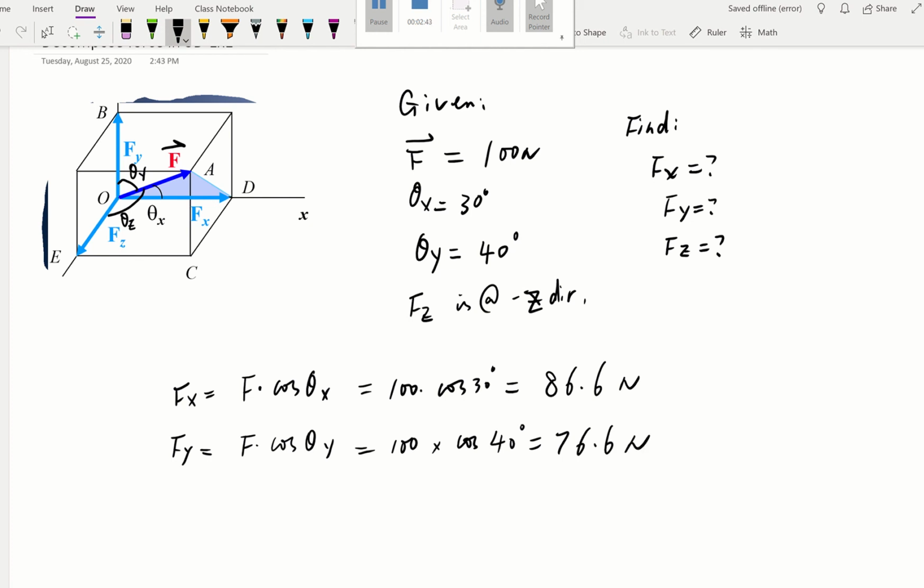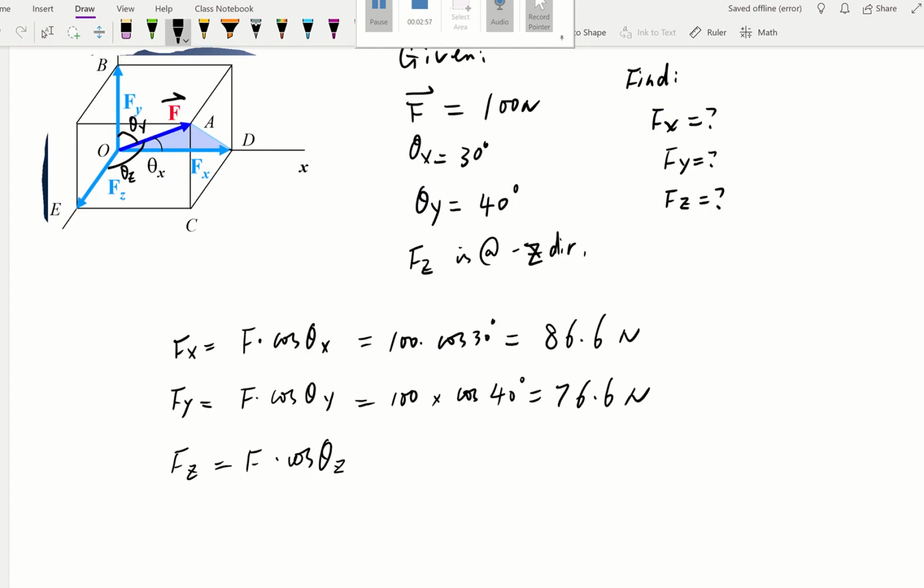Now the only thing left is finding Fz, and Fz is F times cosine theta z. However, we don't know the angle theta z here, but we're not stuck. Remember, we have this relationship from the unit vector: cosine squared theta x plus cosine squared theta y plus cosine squared theta z is going to equal 1.